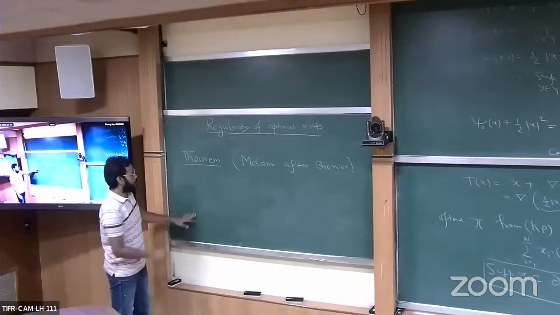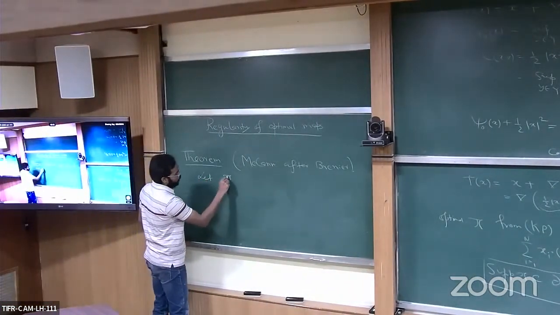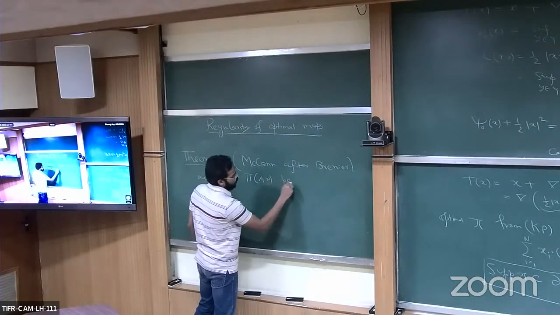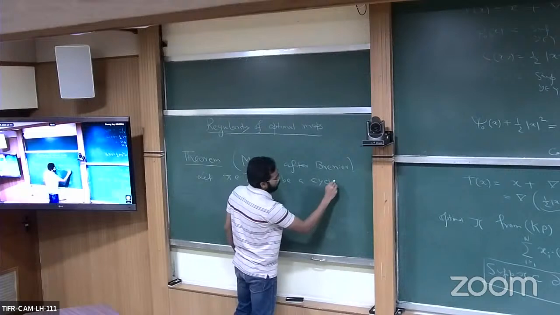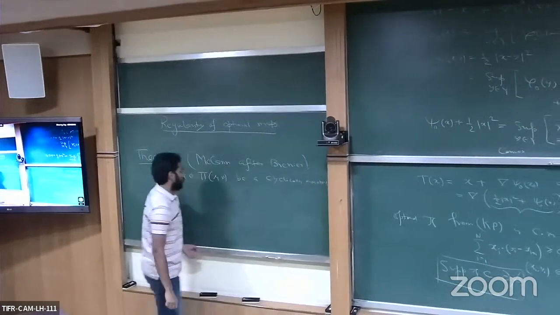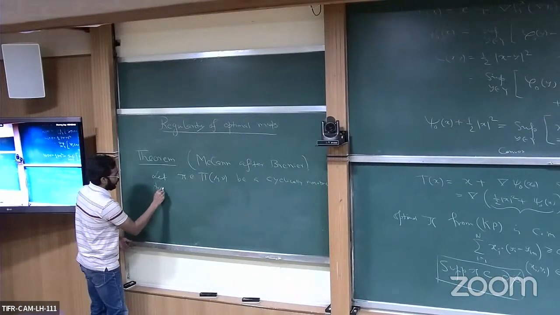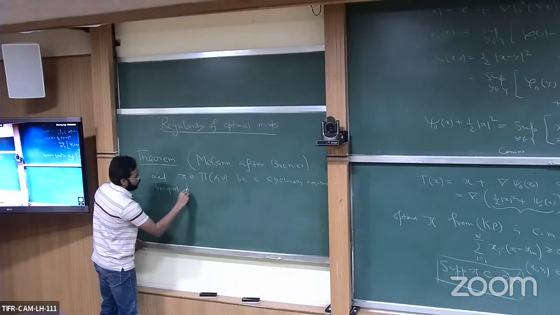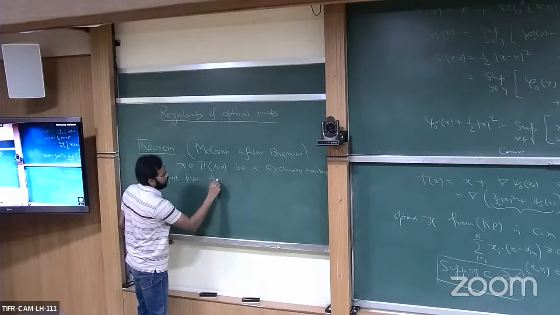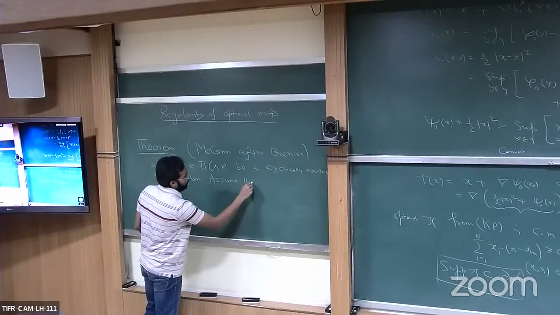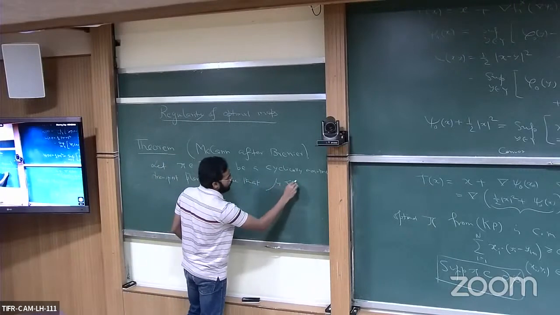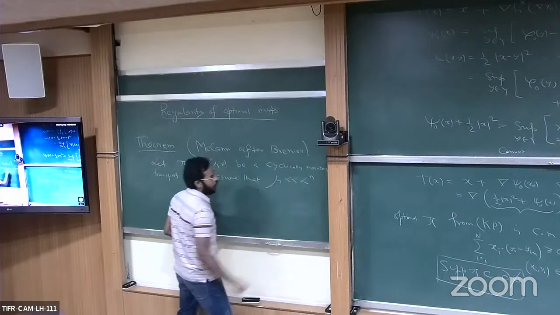So my theorem is: let pi be a cyclically monotone transport plan from mu to nu, and assume that mu is absolutely continuous with respect to the Lebesgue measure.